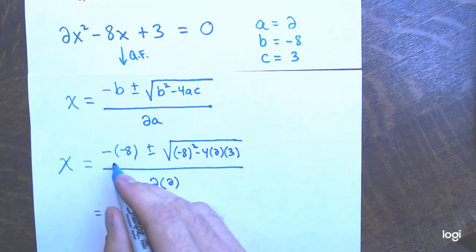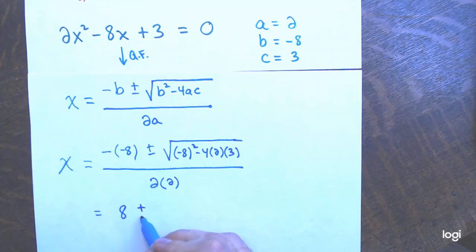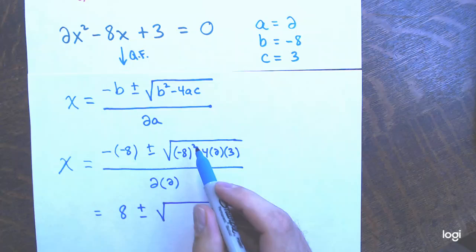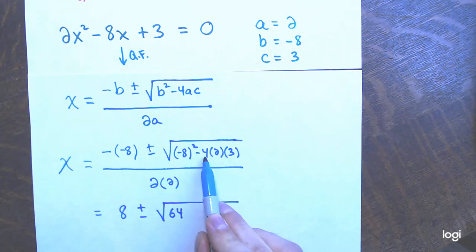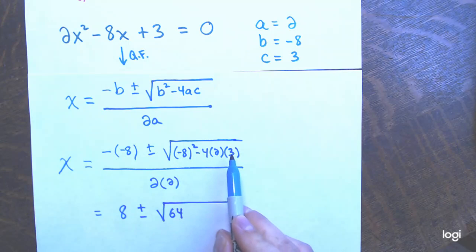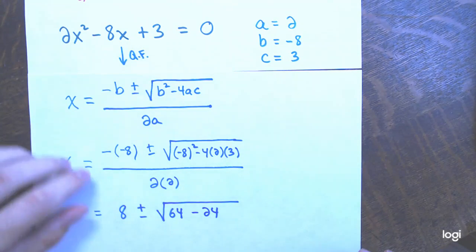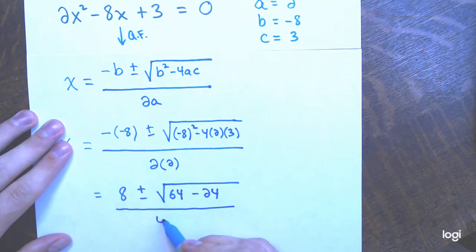All right, the opposite of negative 8, this first term in the numerator, that's positive 8, plus or minus the square root of negative 8 squared is positive 64. Then we have minus, negative 4 times 2 is negative 8, and negative 8 times 3 is negative 24, right? And then all of this divided by, 2 times 2 is 4.